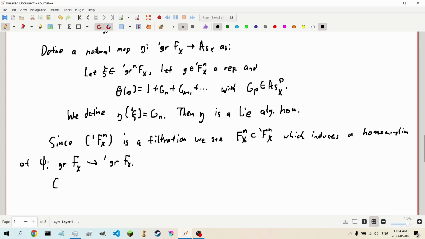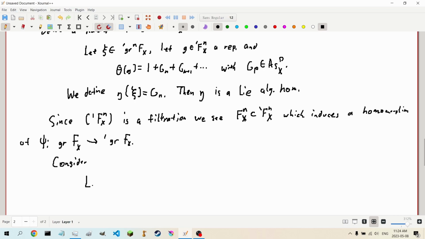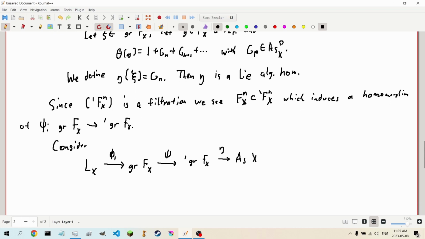Now, we're going to consider, so we have the free Lie algebra, our phi_1 sends this to the grade of the free group, C sends that to the prime grade of the free group, which eta sends to the free associative algebra of X. This map is surjective, and this one is injective.